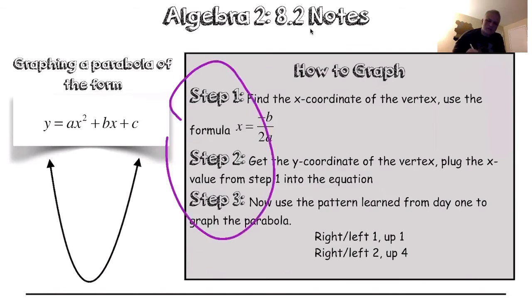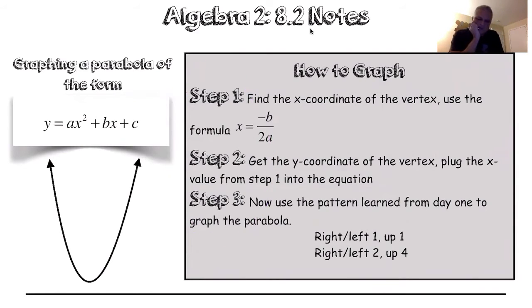Remember these 3 steps for today's lesson. We are now not just going to have the vertex and then left, right, up, down based on the very simple formulas we did in day 1.